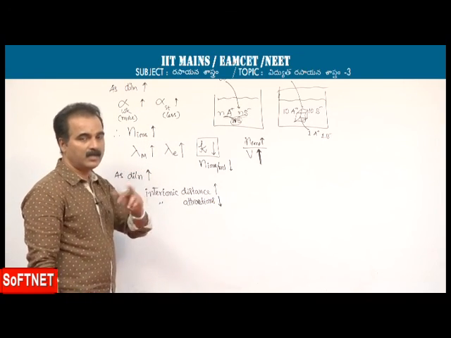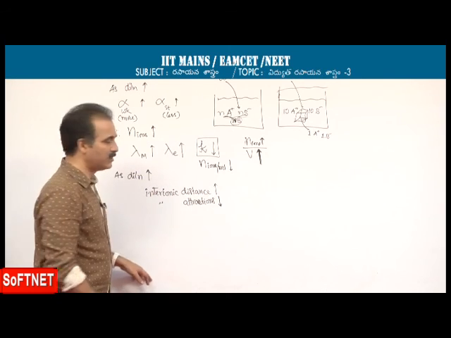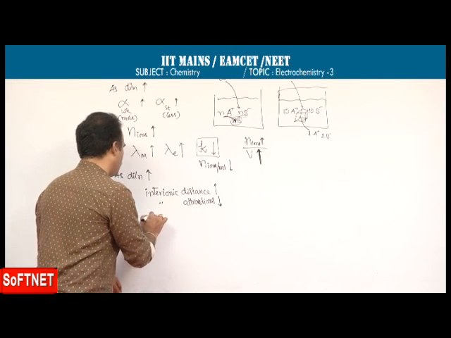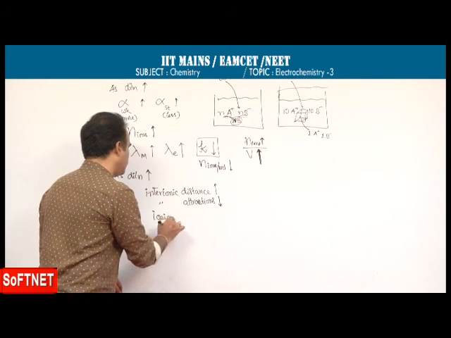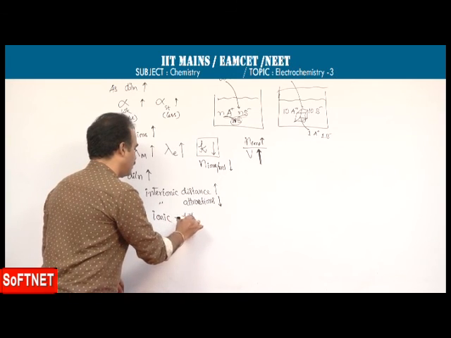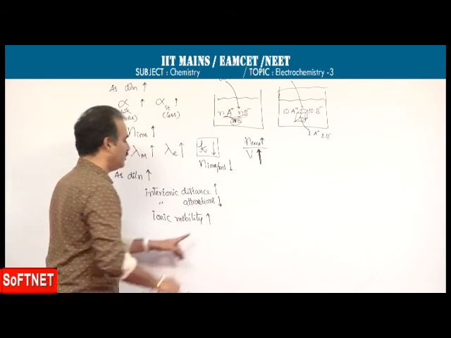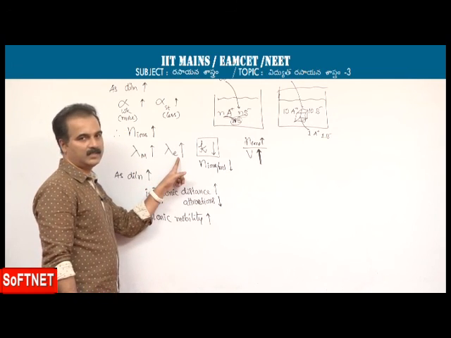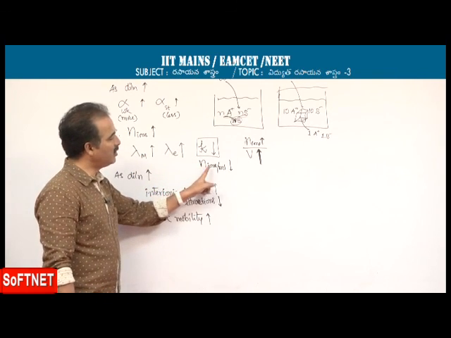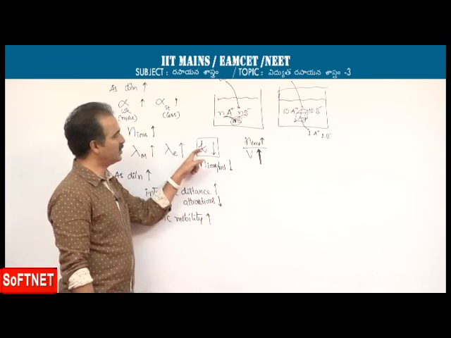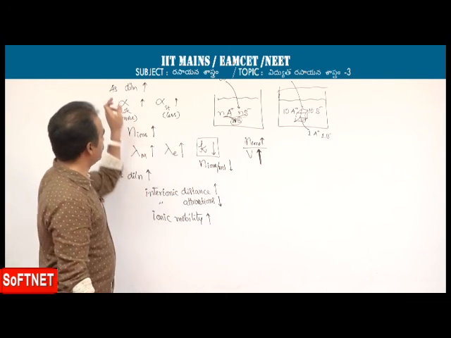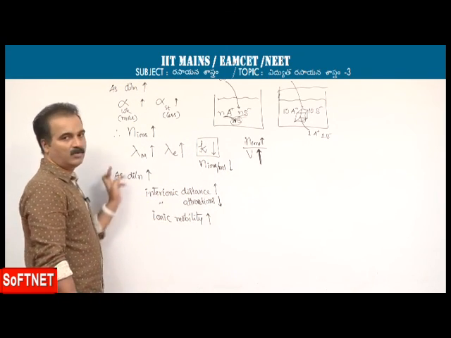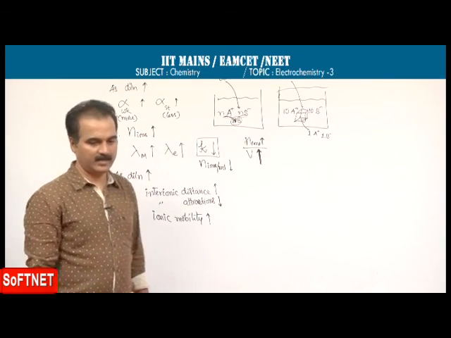If attractions are decreasing, the mobility of each ion is increasing. So ionic mobility is increasing. Due to the ionic mobility increase, there is an increase in molar conductance as well as equivalent conductance, but due to the number of ions per ml decreasing, specific conductance also decreases. So this is the effect of dilution over electrolytic conductance.